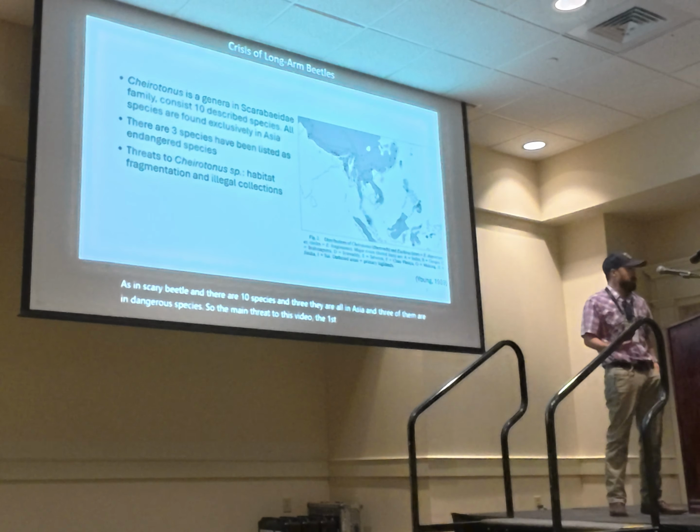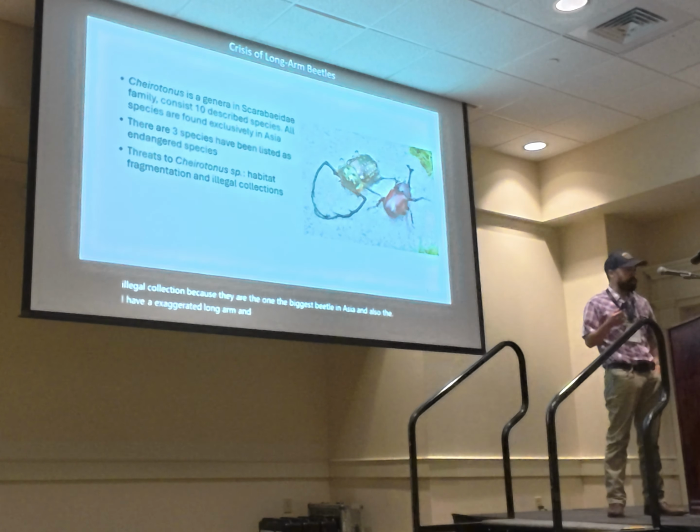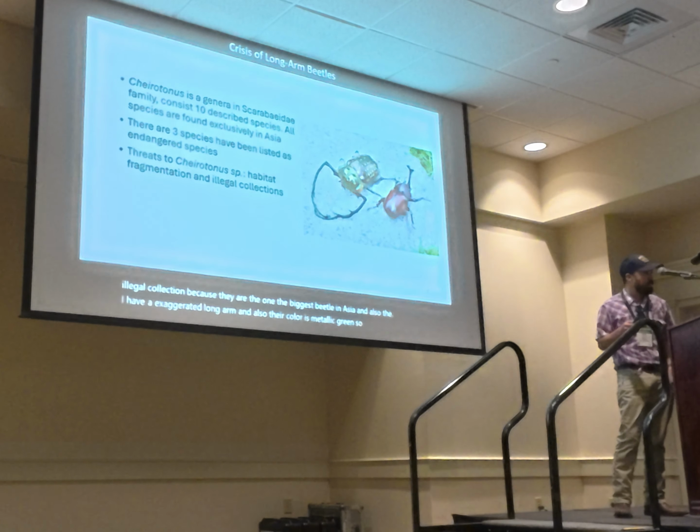You can see the gray area over there, which is lost because of climate change and anthropogenic activity. The second threat is illegal collection, because they are the biggest beetles in Asia, the males have an exaggerated long arm, and their color is metallic green, so everyone wants to collect them, including me. We do have a permit.